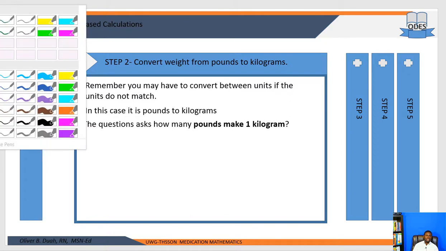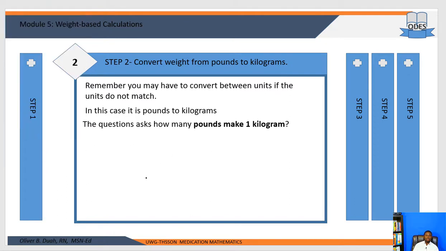And so let's go ahead and do that. So our weight is 22 pounds. We don't know its equivalent in kilograms, but we know that for every 2.2 pounds, we have 1 kilogram.